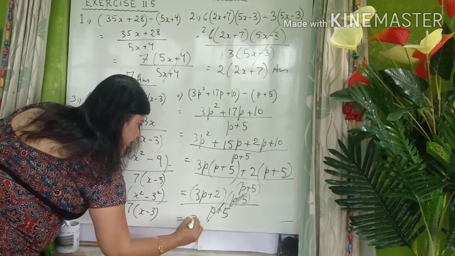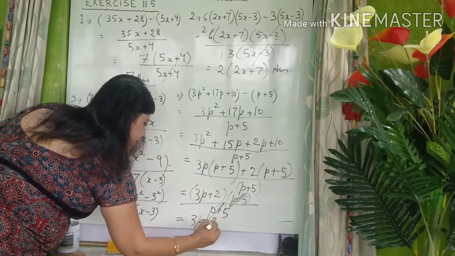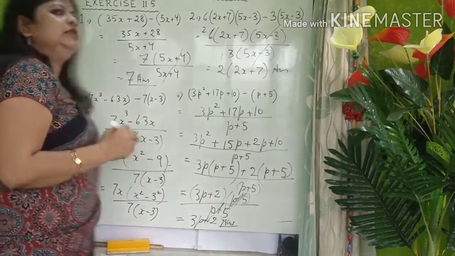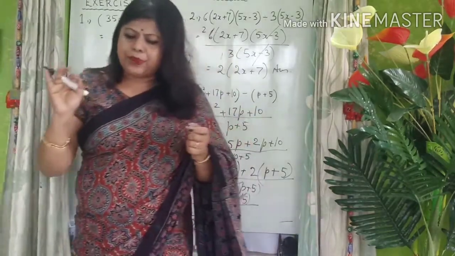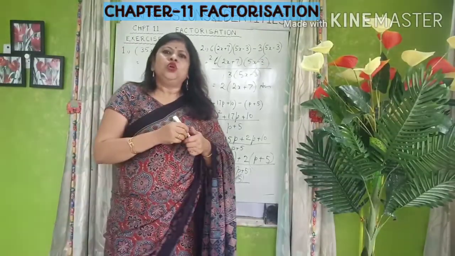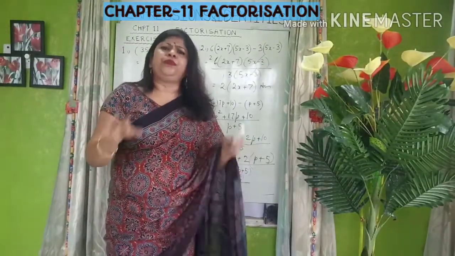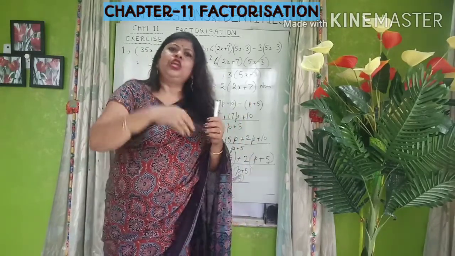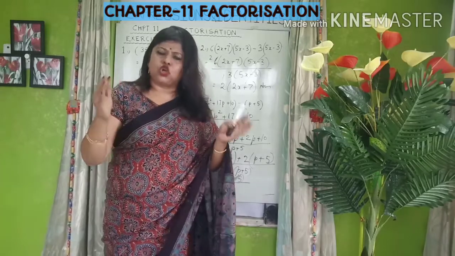What remains? 3p plus 2. And 3p plus 2 is your answer. Follow, children? Simple. You have only 3 questions over here, 1, 2 and 3. So question 1 and 2 are very simple. In question number 3, you have to factorize the dividend, cancel off and solve.